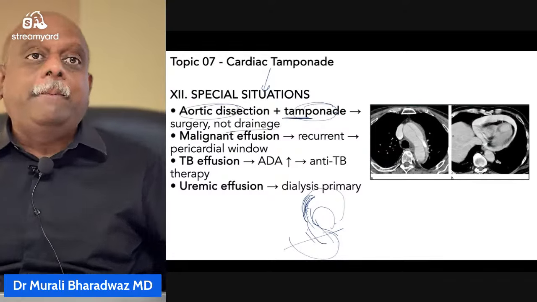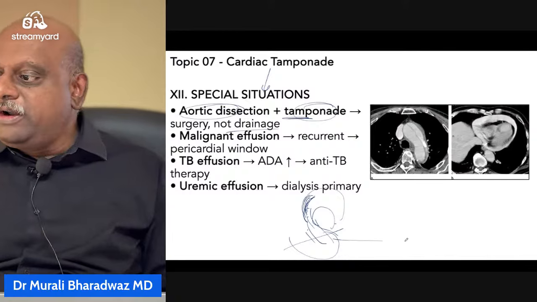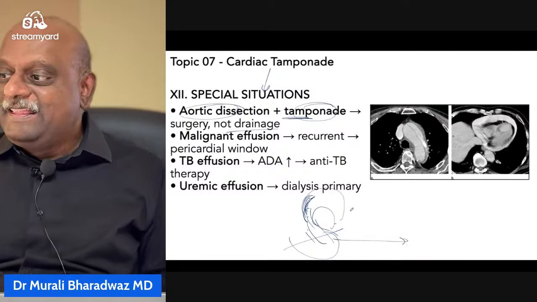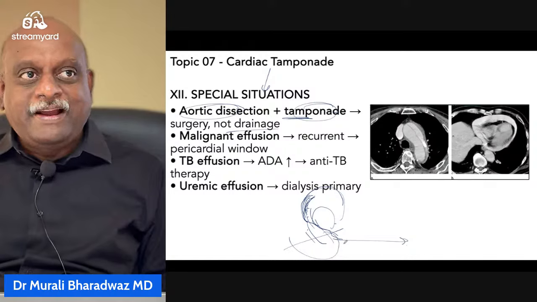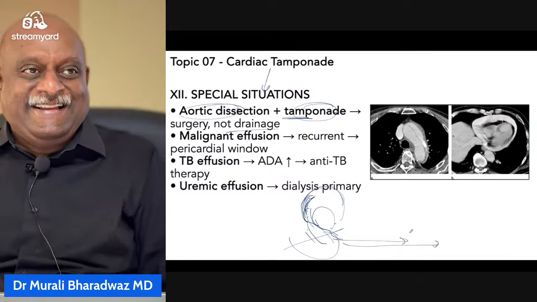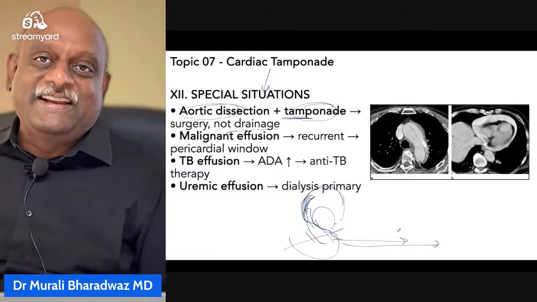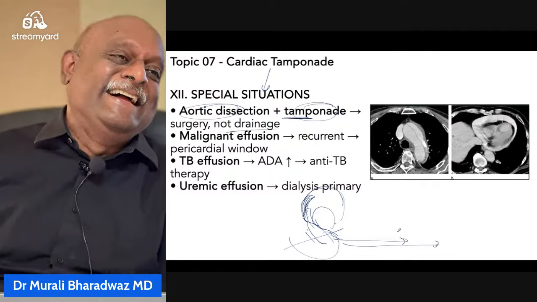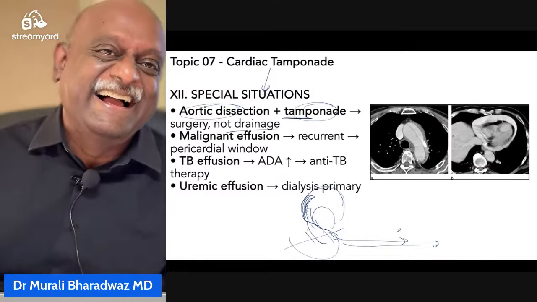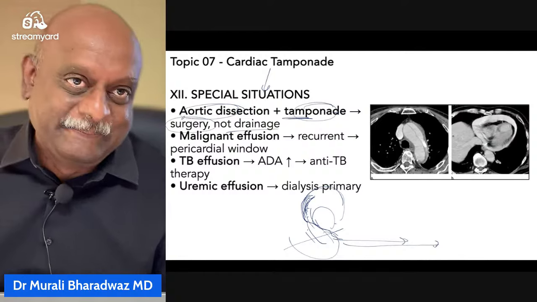But there, putting a pigtail catheter and draining is not the purpose. If you try to drain, what will happen? The blood in the aorta will pass through the pericardium through your drain outlet. You are creating a blood transfusion line. You can put it to the next patient who has anemia. Right? So there it is surgery.